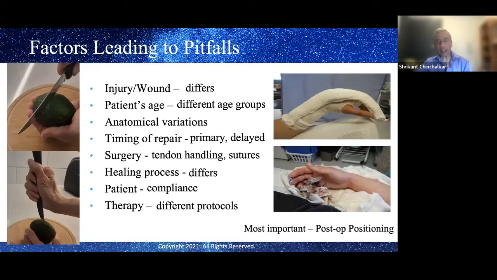The other anatomical variation that one would see in the hand is the presence of a flexor pollicis longus that is connected to the profundus of the index and sometimes long, and sometimes the fourth and fifth digits as well.